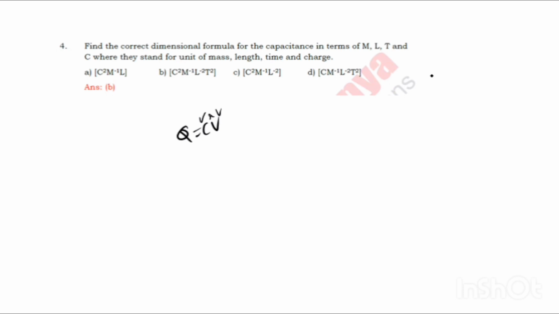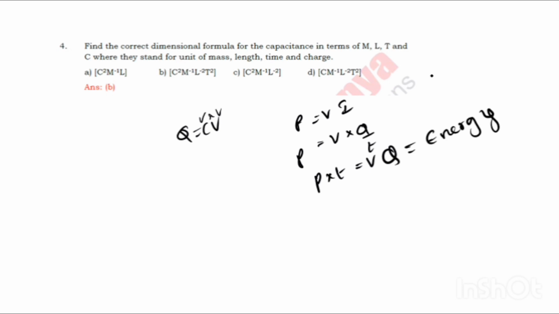We also know power is equal to VI, the general formula. Since I is Q by T, power into time, that is energy, is equal to VQ.